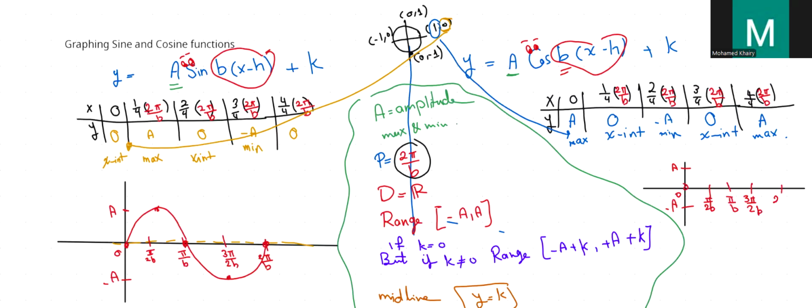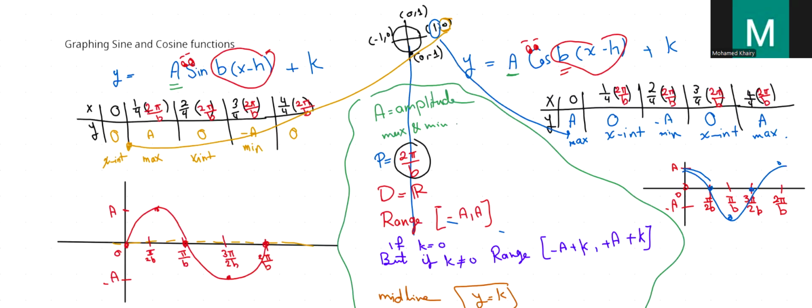It's very easy when you simplify. Then I have the maximum, then 0, then negative a, 0, then again positive a. If you just connect the points, it's going to be something like this. This is the shape of cosine.